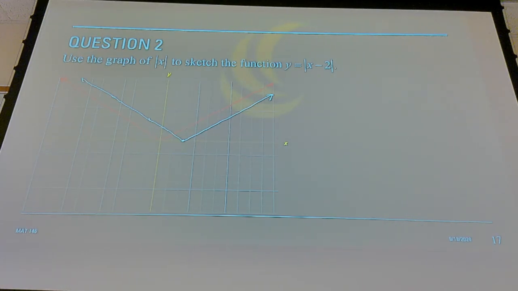It's not asked for, but what would the domain of that new function be? So I'll just write it as all real numbers. What about the range? Is -1 included?